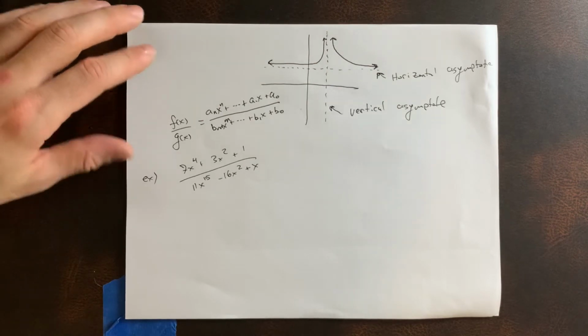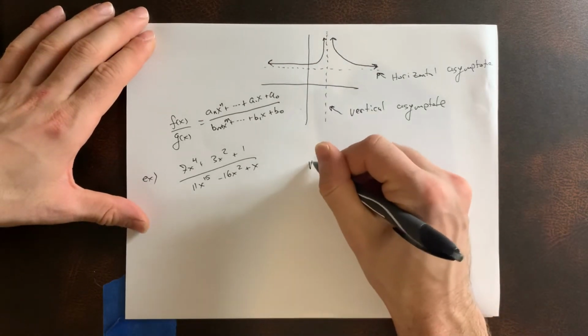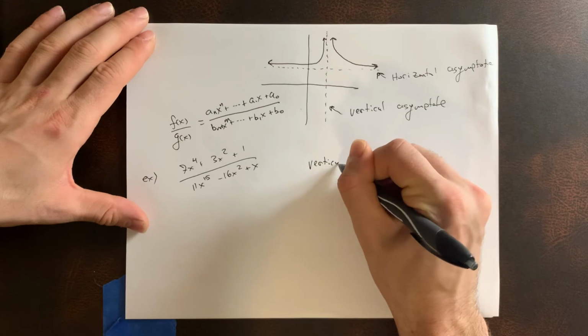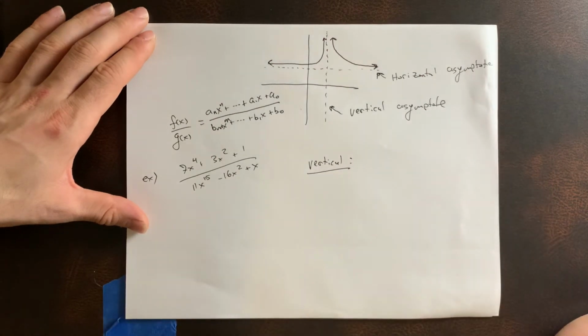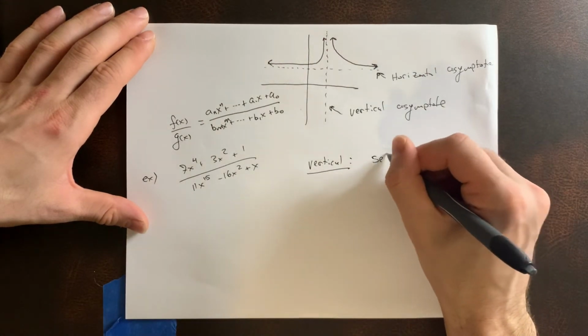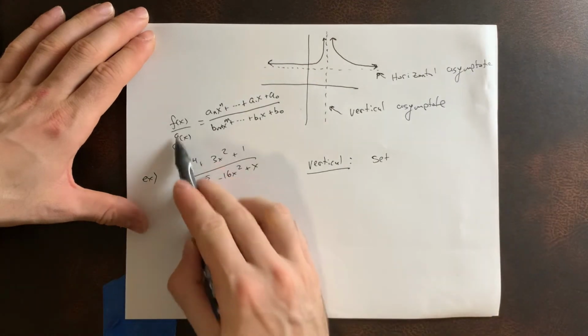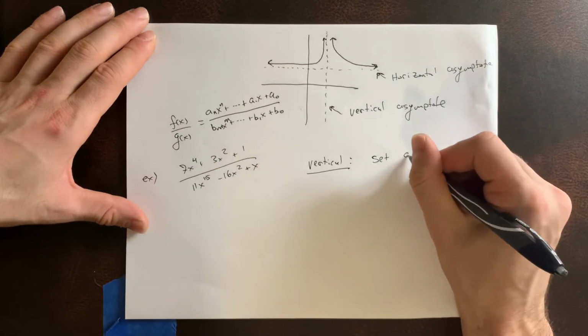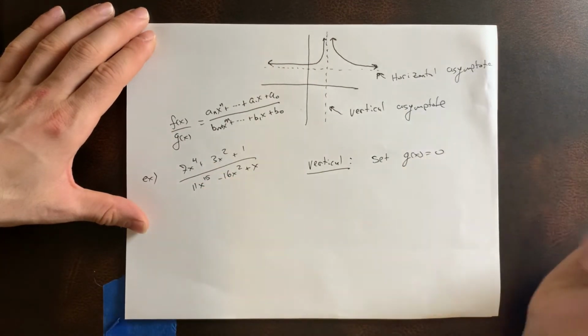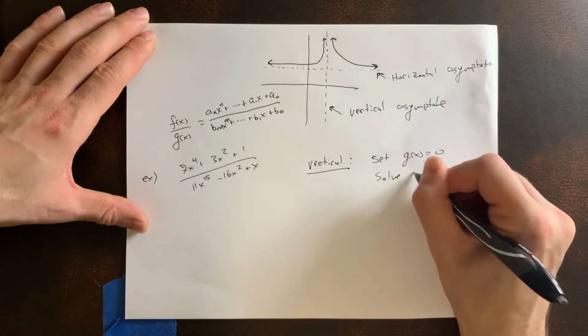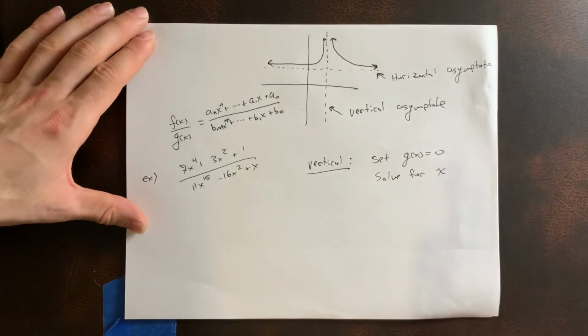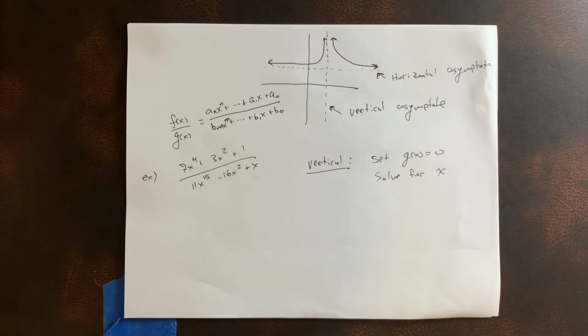So let's start. The vertical asymptote is the easiest one to find. To find the vertical asymptote, all you gotta do is set g of x equal to 0 and solve for x. And these numbers you find, those are going to be the vertical asymptotes.